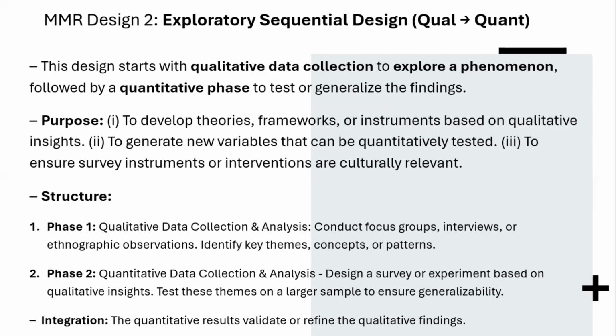Okay, it's clear. So the next design is exploratory. Okay, Magdalene, you have your hand up. Go ahead. Yes, John. I was asking if you have to use the same participants for both. Yeah, so there are instances where it will be good to go back and select some of the people you used in the quantitative. But always be mindful, it's not mandatory.